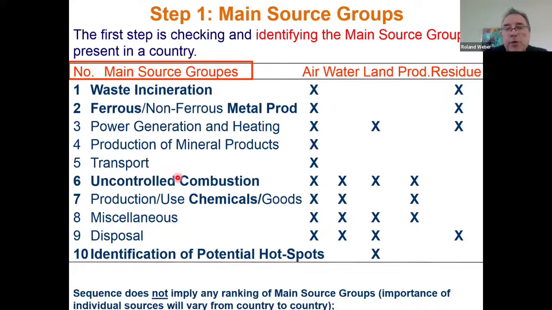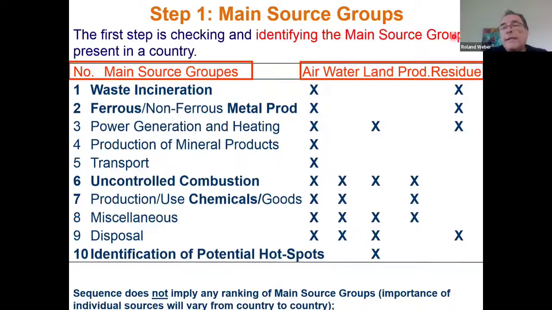Open burning, uncontrolled burning of waste. Then different productions and processes from the chemical industry, probably you do not have, but maybe you have some pesticides you import. And then disposal sites, like sewage and compost or the normal household waste.